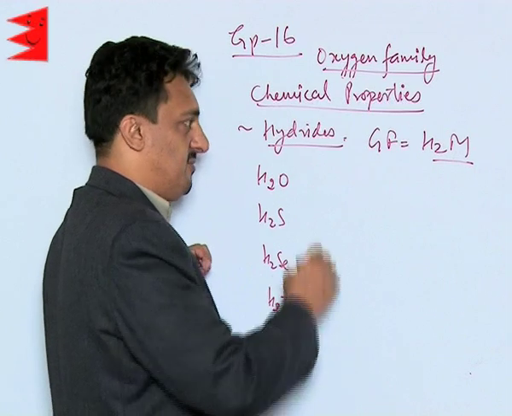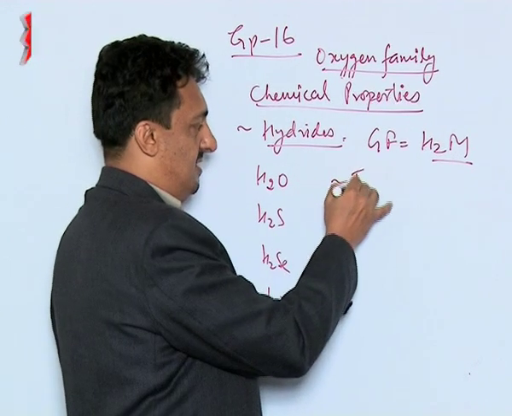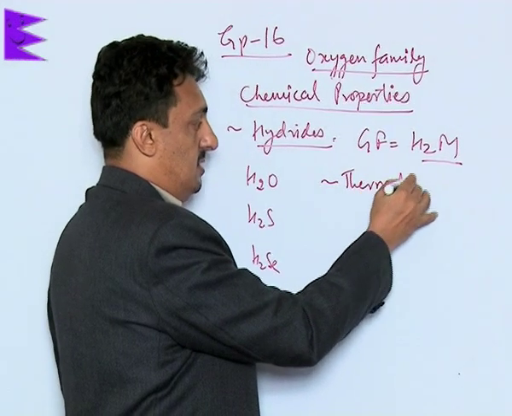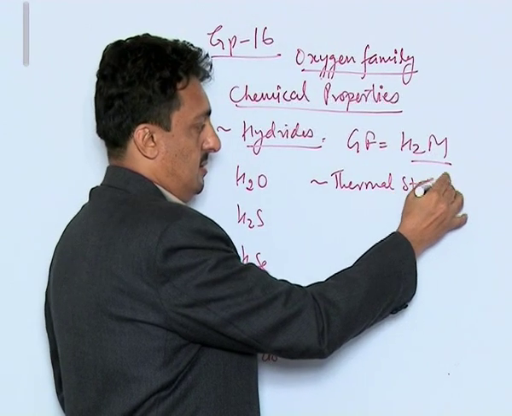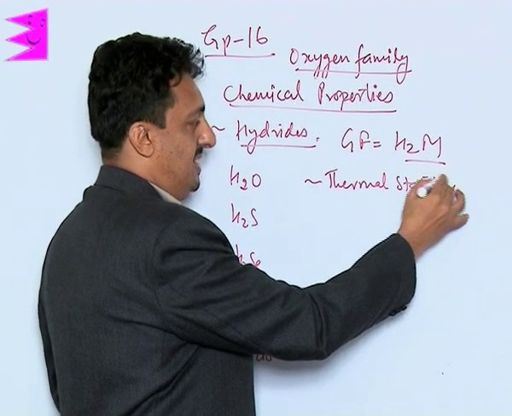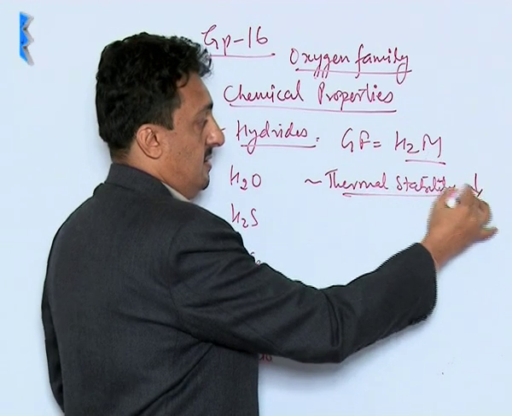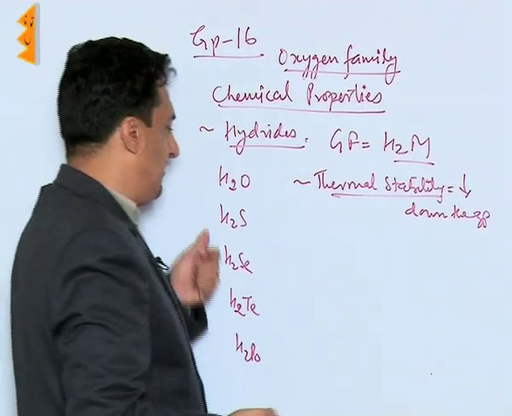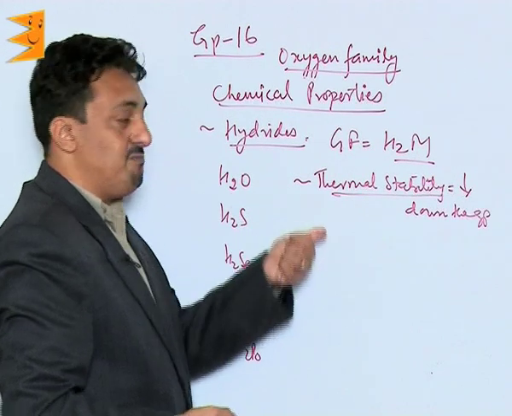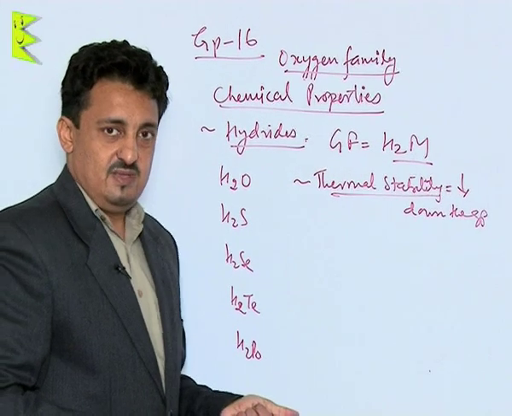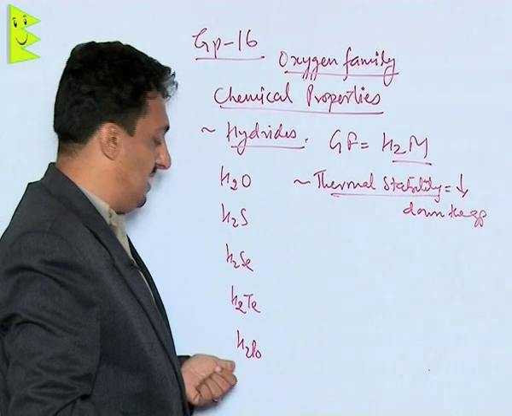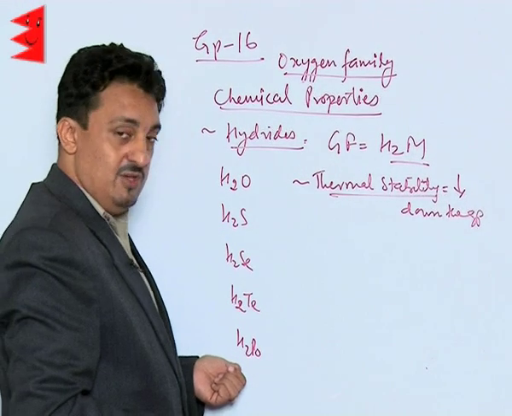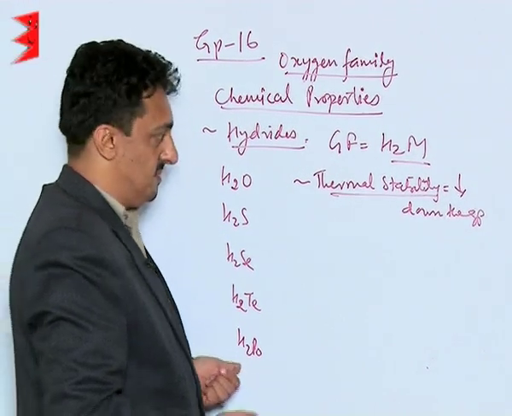Now these hydrides, what is the first thing to notice? Their thermal stability decreases down the group. That's pretty obvious because M-H bond strength decreases. So most stable is water and the least stable is H2Po, the hydride of polonium.